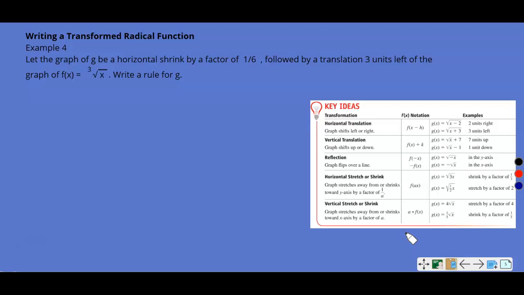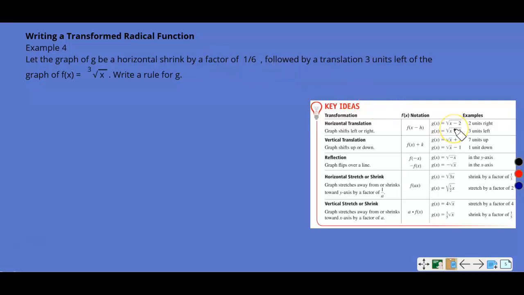So the first thing we need to see is that we have a horizontal shrink by a factor of 1/6. If you have a horizontal shrink by a factor of whatever, you have to make sure that you do that by 1 over a. So 1 divided by a in this case is 1/6.